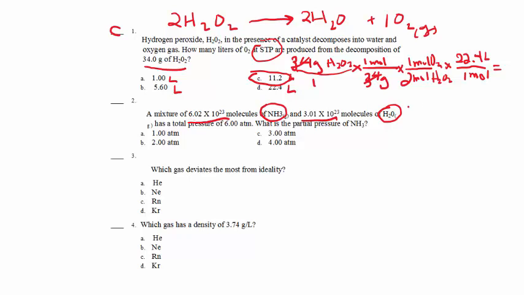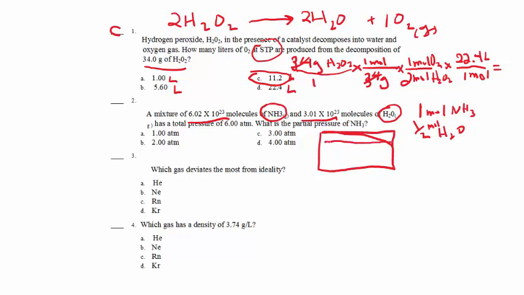So if you think about it, since we have 1 mole of ammonia gas and 1/2 a mole of water, if we were to divide this up into 3 pieces, with 1/2 a mole of gas in each piece, then 1 mole would be 2/3 of this, and that would be the ammonia gas, and 1/2 a mole would be the water. So this lower third would be the water vapor.